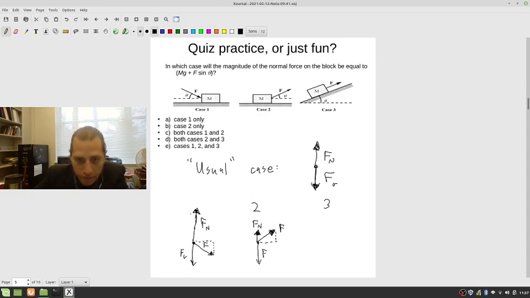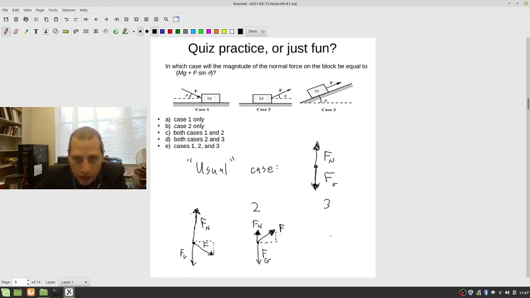So there's the F, here's the force of gravity, there's the normal force. The normal force pushing up is now smaller than the force of gravity because part of the force pulling up and counteracting that force of gravity is already being applied by this pull on the block.